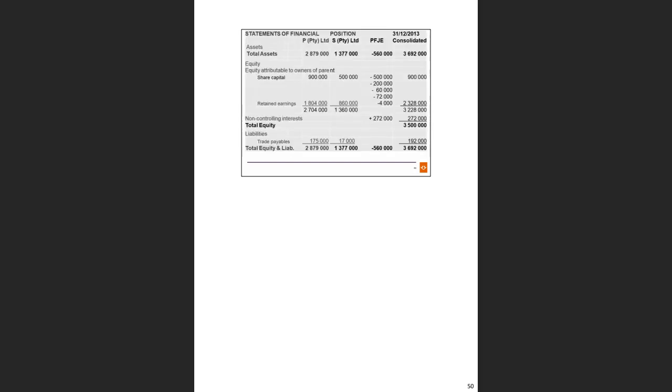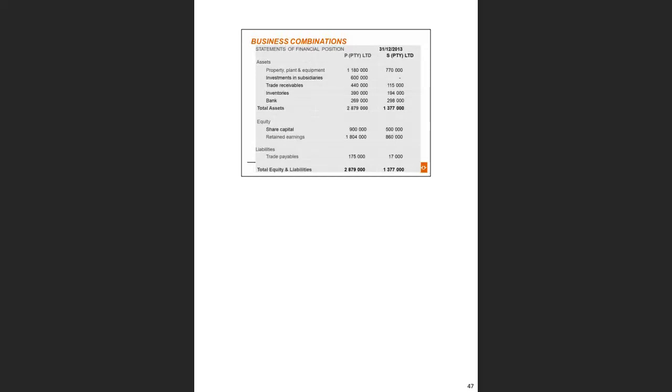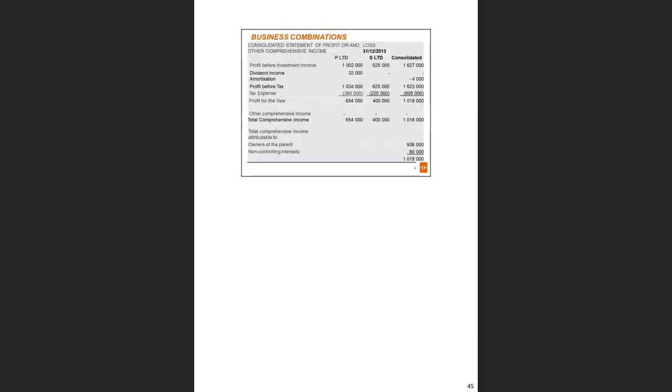Your total comprehensive income should be shown in one of the previous slides, and then you have NCI share. So this total comprehensive income will actually come from that previous slide where we calculated the total comprehensive income. Remember when we did the statement of profit or loss? So if we have a look at the statement of profit or loss, here you prepared this consolidated statement of profit or loss.